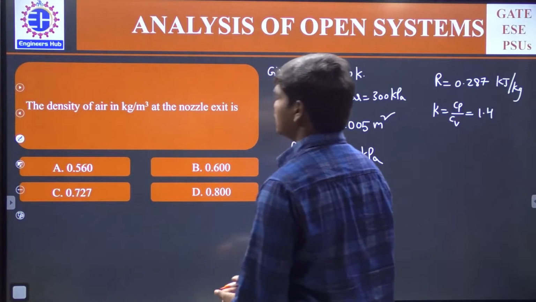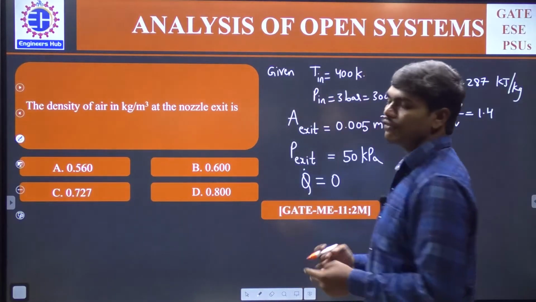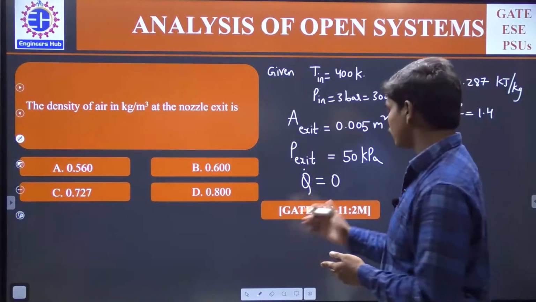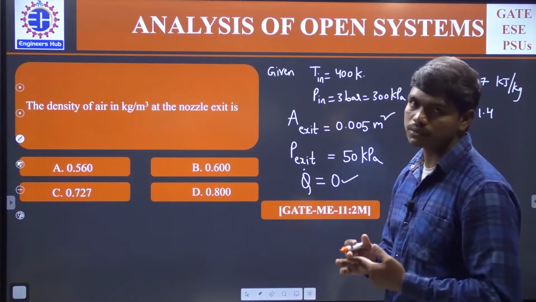Now, what they are asking for is the density of A in kg per meter cube at the nozzle exit. If A is treated as an ideal gas, then definitely the flow is adiabatic reversible. Correct? For reversible adiabatic flows, we have a temperature versus pressure relationship.